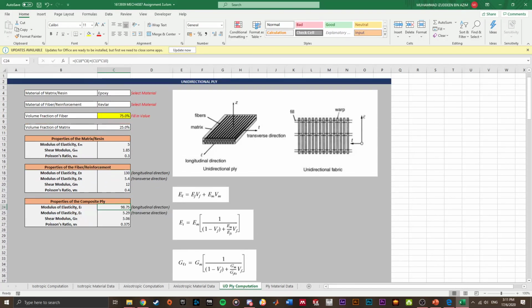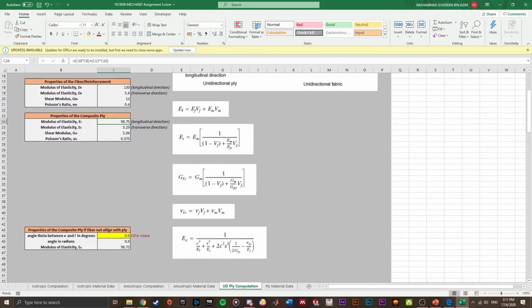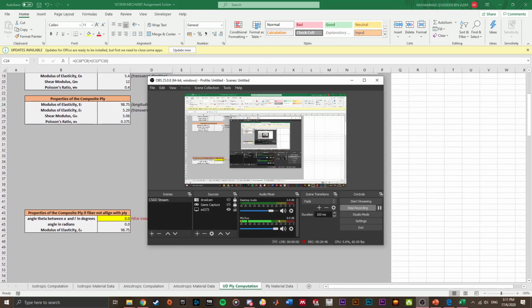It is very effective because we just change whatever material we want and it will just compute what we want in these properties, in these property parameters. So I think that is good. This is very effective. Okay, that's all from me. Thank you, sir.